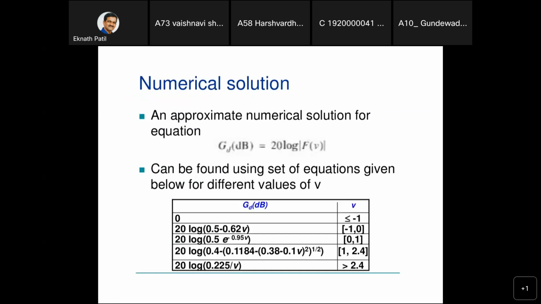An approximate numerical solution of the equation G_d equal to 20 log F of V can be found using the set of equations given below for different values of V. If V is less than -1, it is 0. If it is between -1 and 0, then it can be calculated in this particular way. And if it is between 0 and 1, one can calculate it in this way.